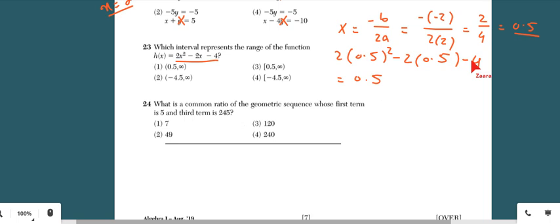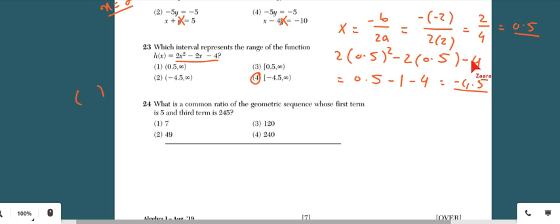And negative 2 times 0.5 is negative 1. So it is negative 1 and negative 4, right? So it will become negative 5 plus 0.5, which is negative 4.5. So the range is from negative 4.5 to infinity, and negative 4.5 is included. That's why we will have a square bracket for it. If we had the open parenthesis, meaning negative 4.5 is not included, then option 2 would be correct.